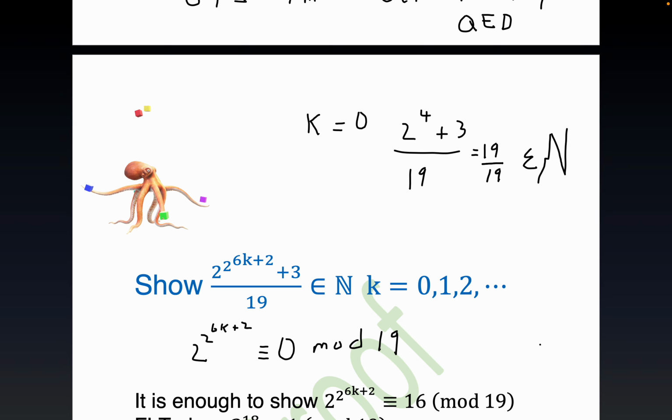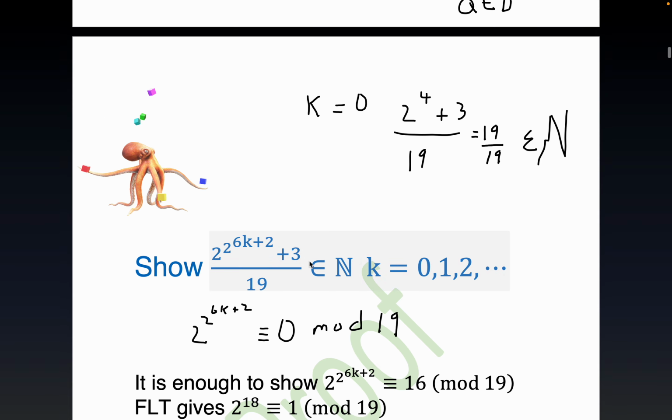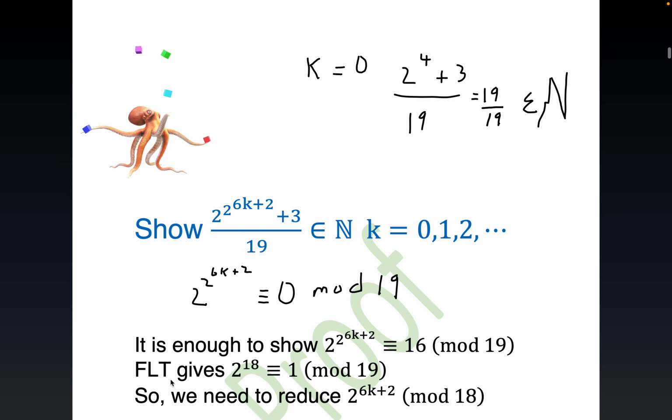Now you can see from the form that we don't want to drag the 3 around, so it's clear that if we can show that this is congruent to 16, we'll be done. Now, this is a famous result, Fermat's little theorem. Once you know this fact, you can also state that 2 to the 18th raised to any power m is also congruent to 1.